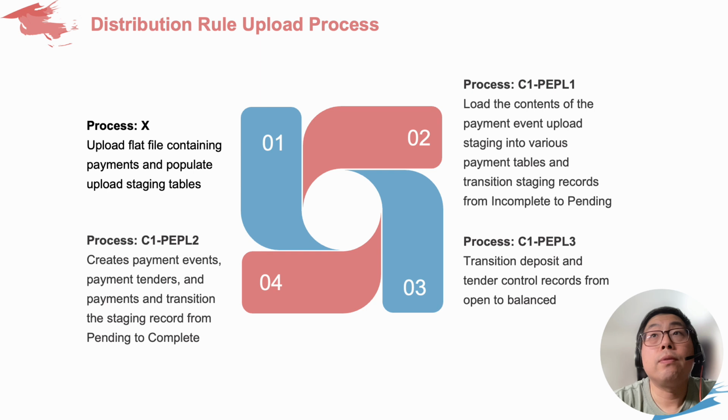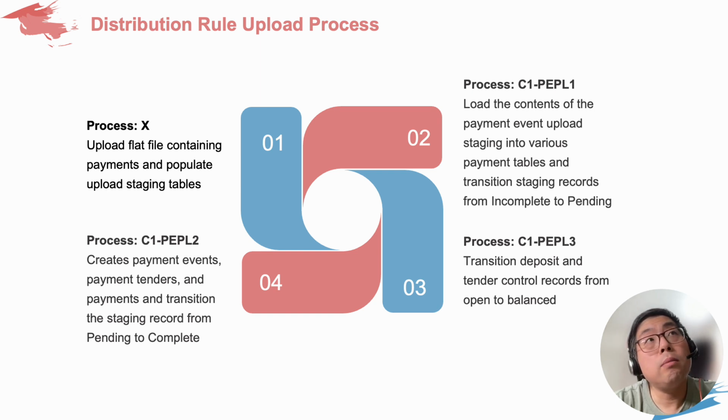Now you have staged update because of the tender control and deposit control. Not going through the detail here, but here is just an illustration of what is happening, and these are the base batches.